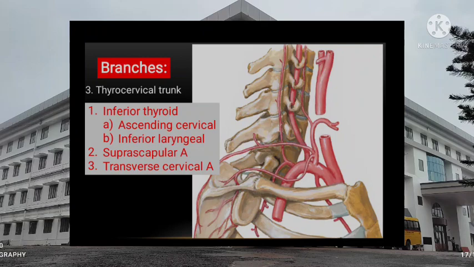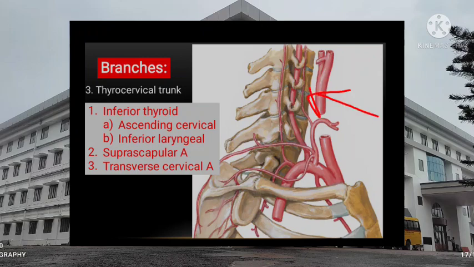The ascending branch of the inferior thyroid artery anastomoses with the superior thyroid artery and also supplies the parathyroid gland. The branches of the inferior thyroid artery are the ascending cervical artery and the inferior laryngeal artery.